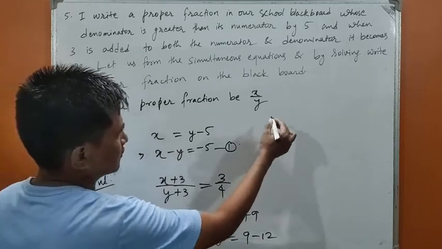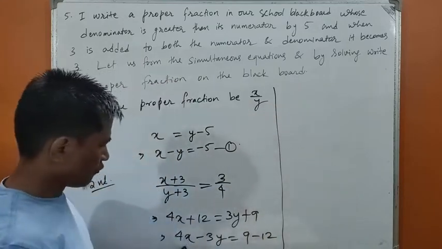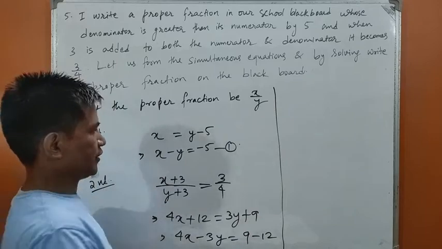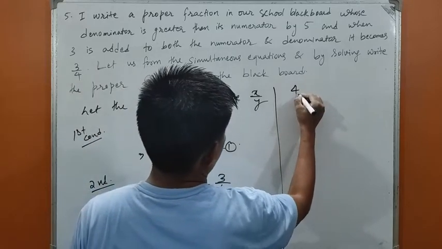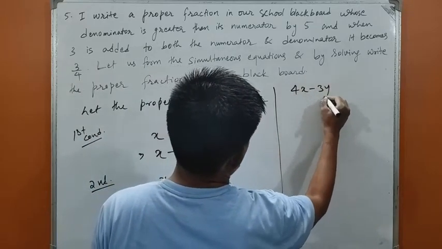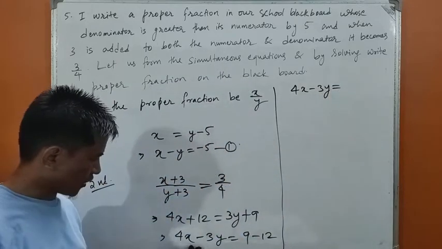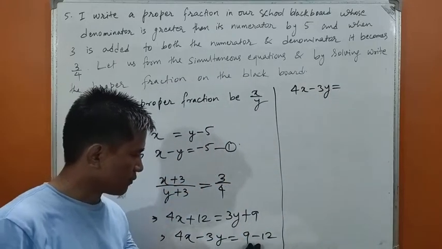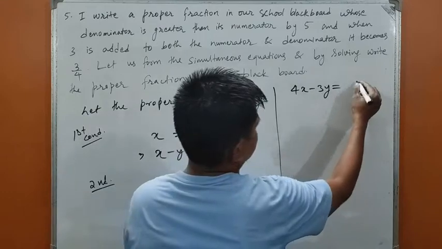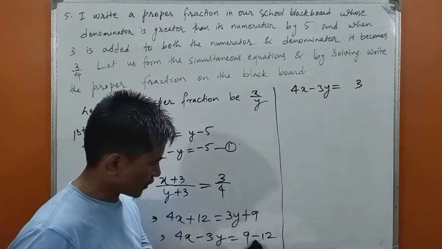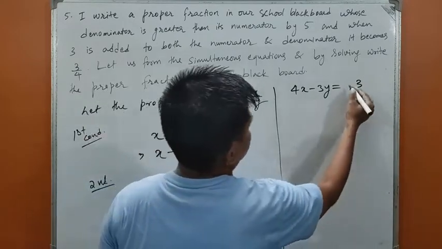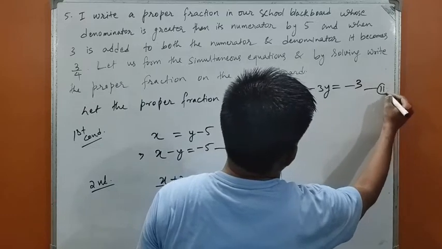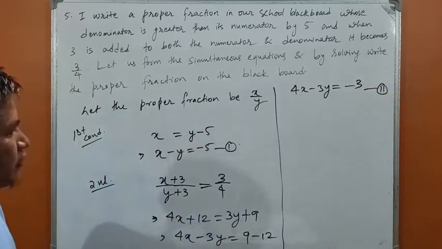So this gives us 4x minus 3y equals minus 3. 9 minus 12 is 3, and the sign of the greater number, that is minus, comes here. This is equation 2.